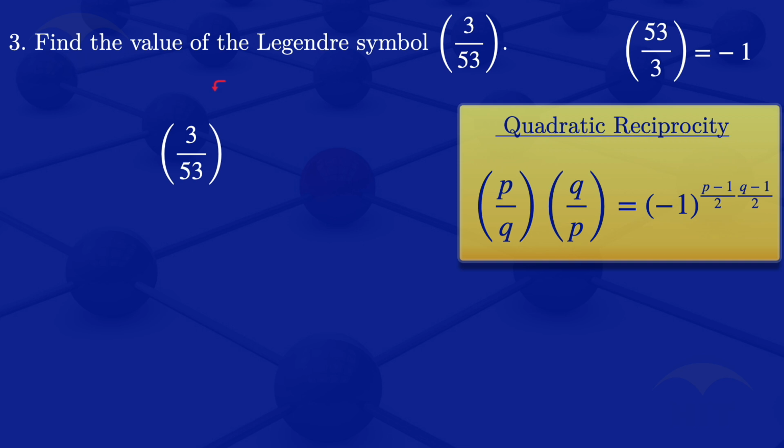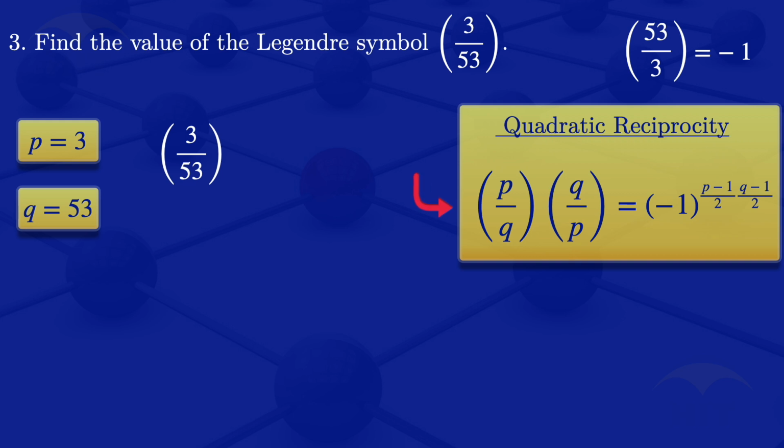Looking at this, we see that our p is equal to 3 and our q is equal to 53. So using this law, we have that the Legendre symbol 3 over 53, multiplied by the Legendre symbol 53 over 3, is equal to minus 1 to the power (3 minus 1) divided by 2 multiplied by (53 minus 1) divided by 2.